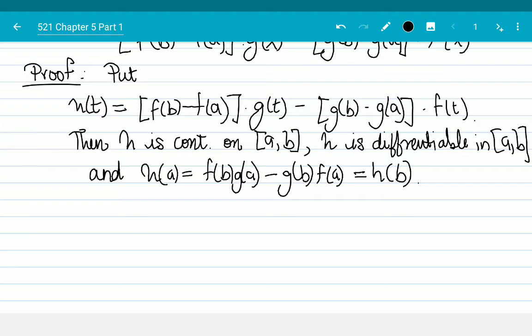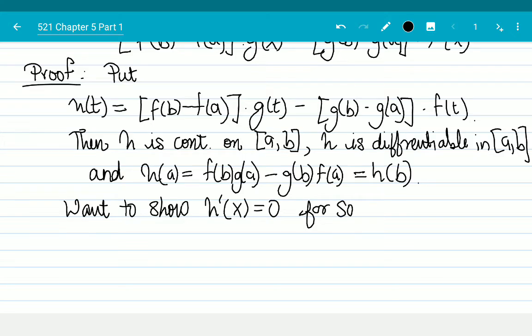So we want to show that h prime of x is equal to 0. Need to show, or enough to show, h prime of x is equal to 0 for some x in (a,b).